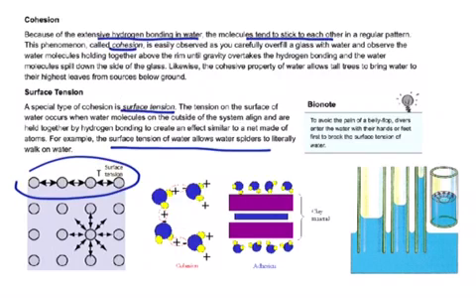Adhesion is similar to cohesion, except this is where unlike molecules are bonded or held together. This might be an example of where water molecules on the sides of glass containers can bond to glass or to another kind of substance like clay or so on. So you get this kind of bonding between unlike substances. This is adhesion.